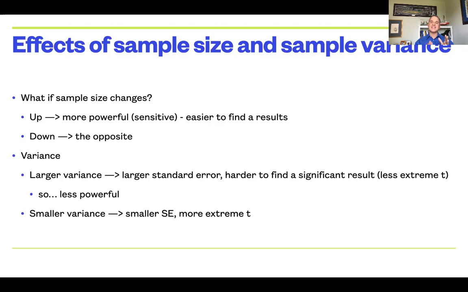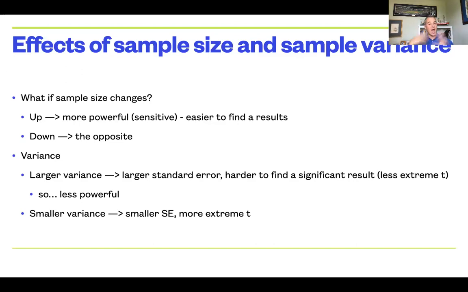What this means is that t will be more extreme when our sample size goes up, which means that it is easier to get a significant result. Degrees of freedom absolutely plays a role here, but the underlying idea is still the same. It's easier to get a statistically significant result as sample size goes up.